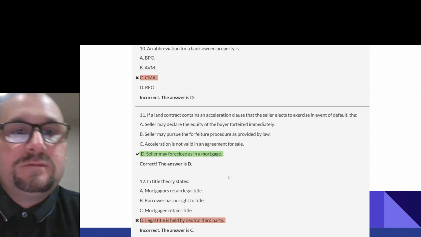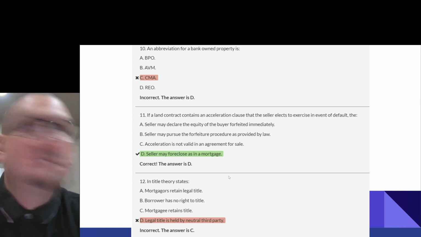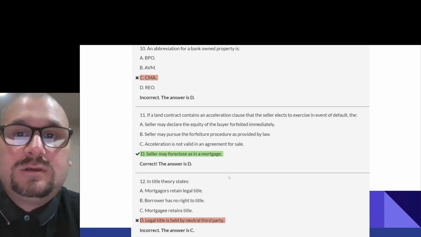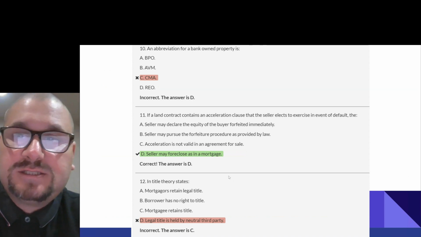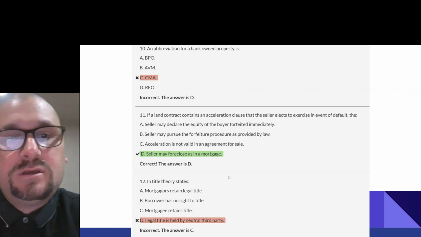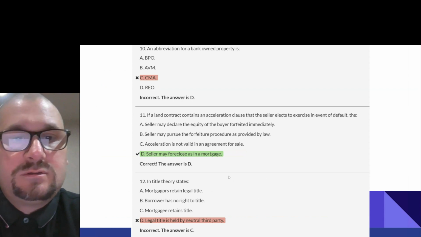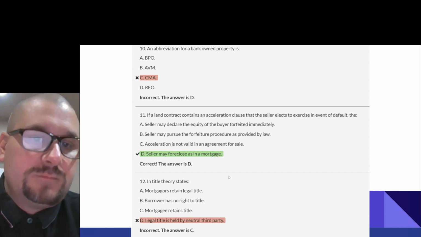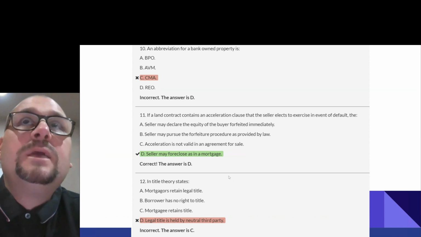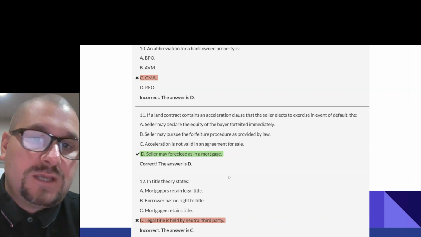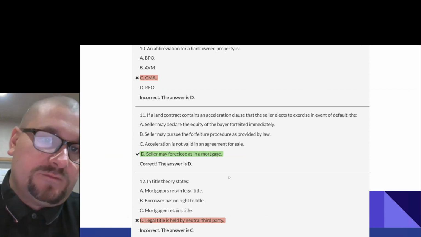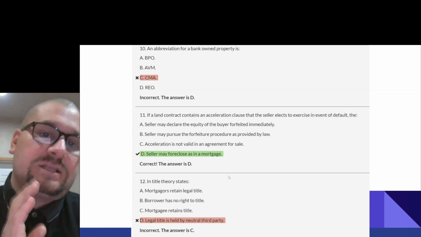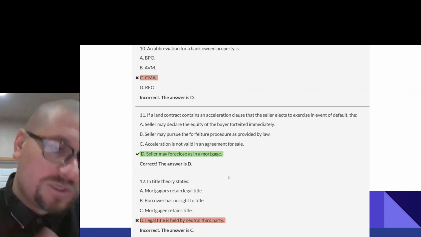Number 11, if a land contract contains an acceleration clause that the seller elects to exercise in event of default, the what? Delta, seller may foreclose as in a mortgage. So if a land contract contains an acceleration clause, which most contracts do, right?